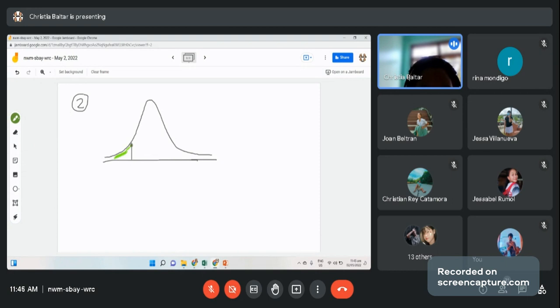This is the rejection region. My alpha is 0.05, and that is a one tail test. So what do you think would be the critical value? When it is on the left, automatically we have a negative Z alpha. This Z alpha is your critical value.